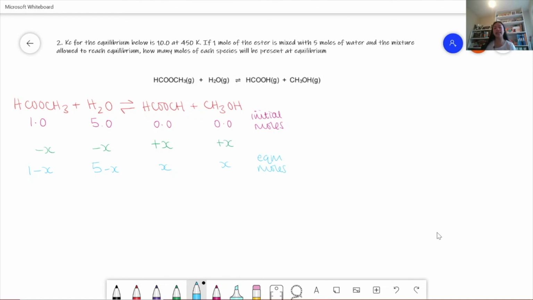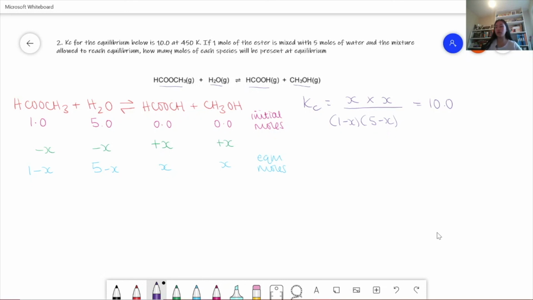Now we use the Kc equation to find out what X is. So Kc is equal to the moles of this times by the moles of this over the moles of this times by this. So we would have X times by X over 1 minus X times by 5 minus X. And we know that the Kc is 10, so that all equals 10.